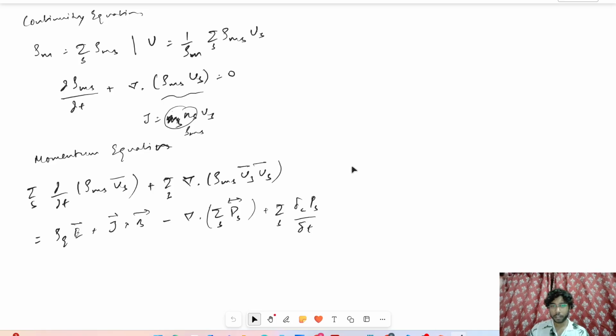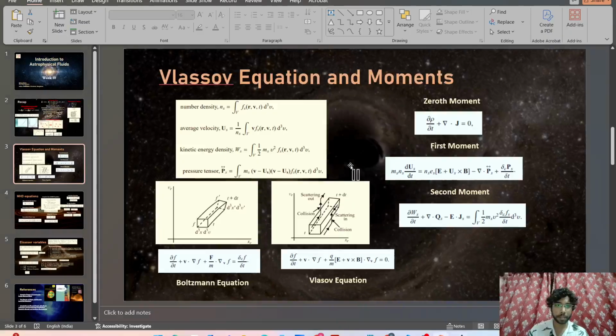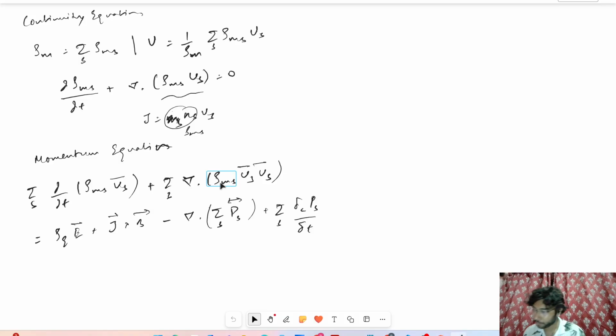Let's confirm. The definition of P_s is already given over here. We are just going to define another quantity, P naught s, which is P_s plus rho_s W_s W_s, where these are vectors.